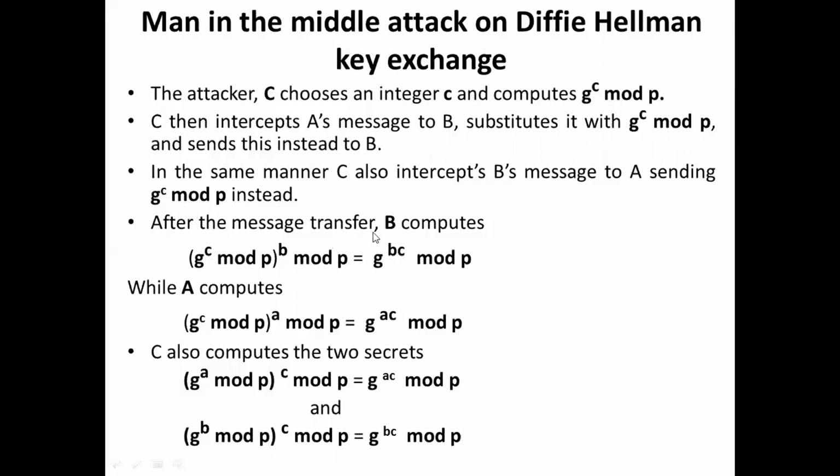After the message transfer, B will compute G to the power of BC mod P and A will compute G to the power of AC mod P. So C also computes two secrets, G to the power of AC mod P and G to the power of BC mod P.